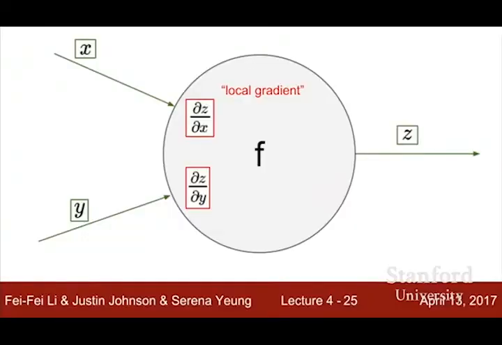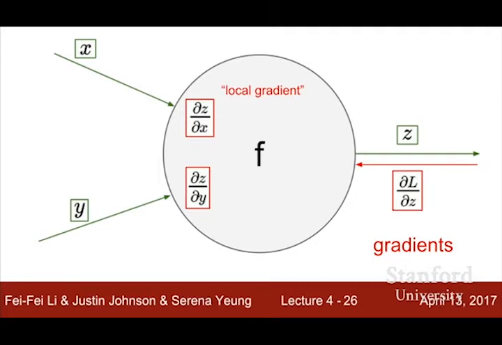Right, so we said that we have these nodes, and each node basically gets its local inputs coming in and the output that it sees directly passing on to the next node. And then we also have these local gradients that we computed, the gradient of the immediate output of the node with respect to the inputs coming in. And so what happens during backprop is we start from the back of the graph, and then we work our way from the end all the way back to the beginning.